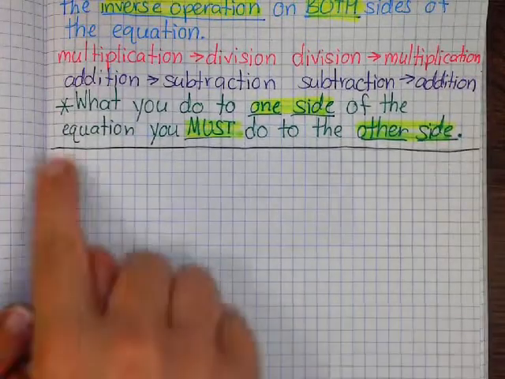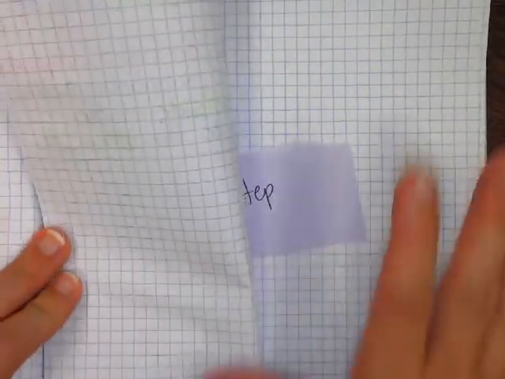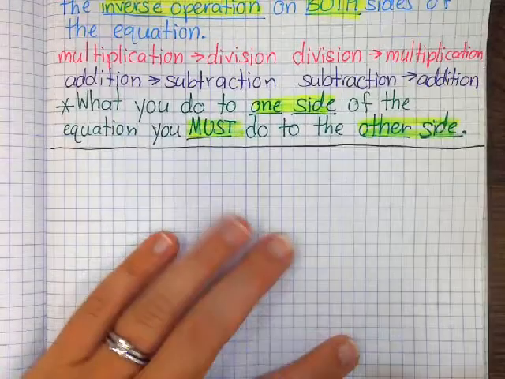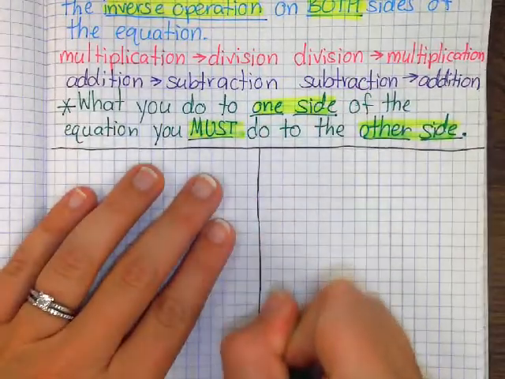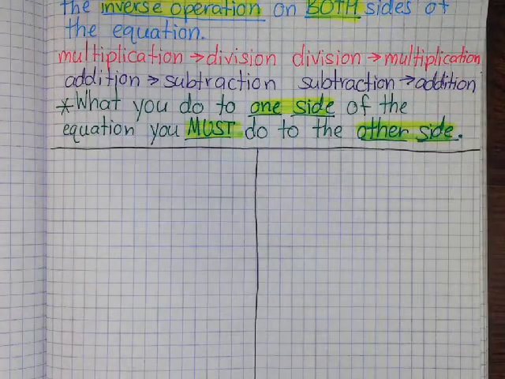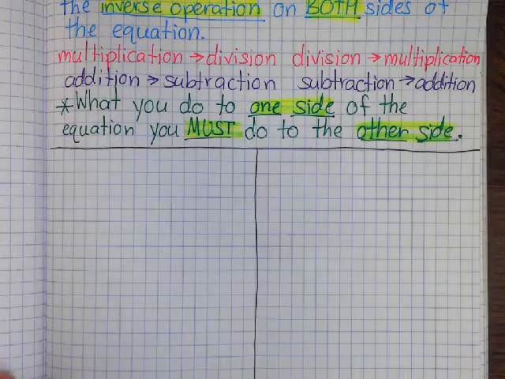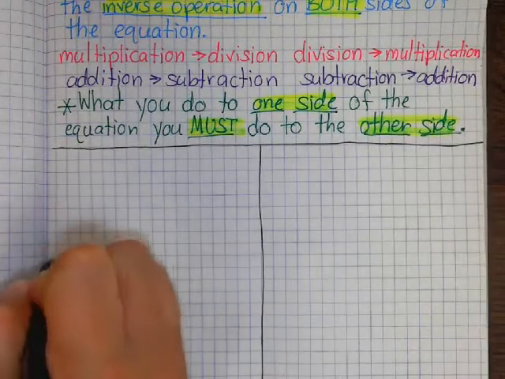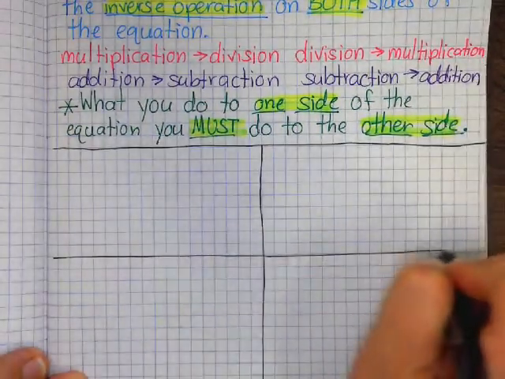I'm going to draw a line. I'm going to fold my paper in half. Draw a line down the middle. And I'm going to make this into thirds.